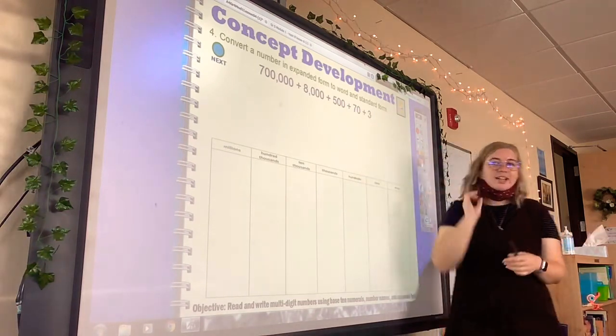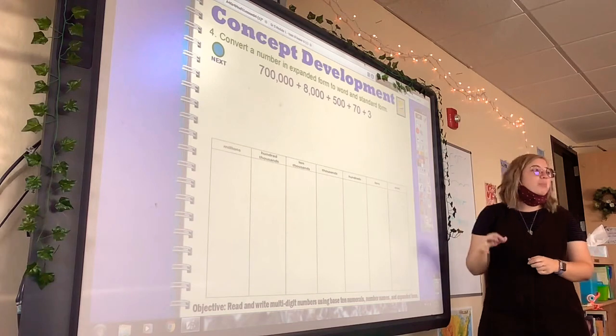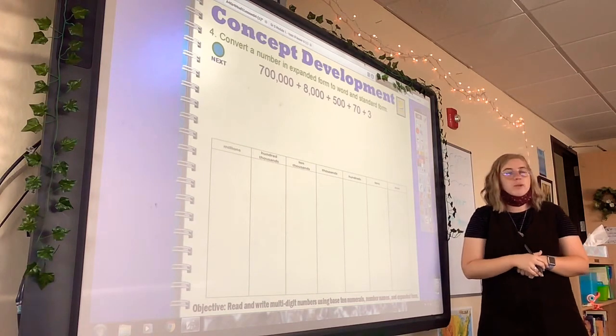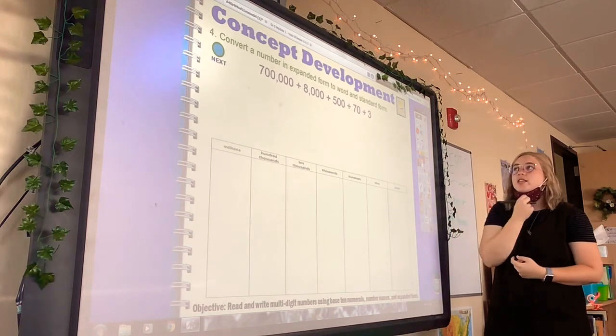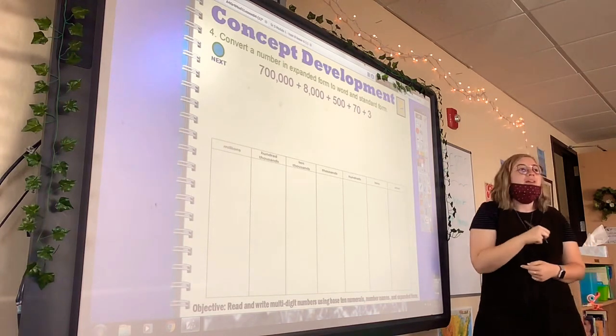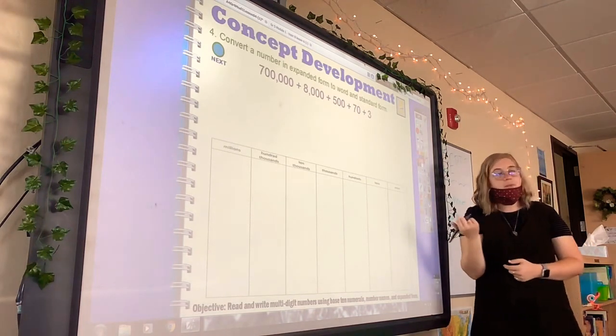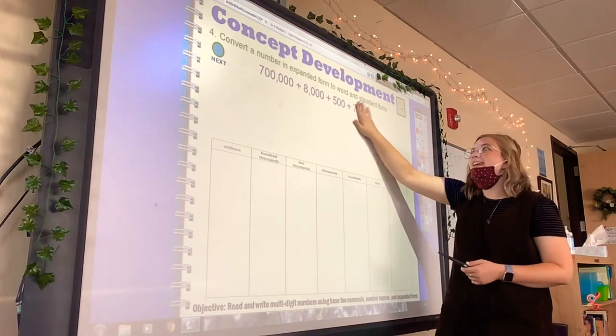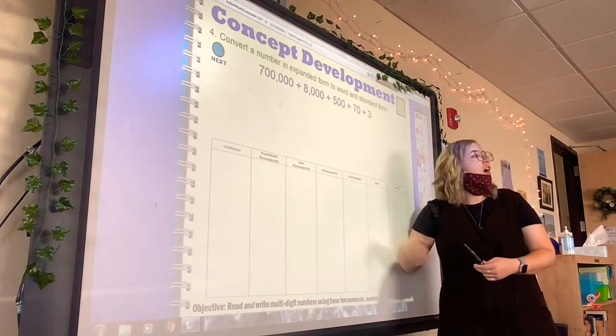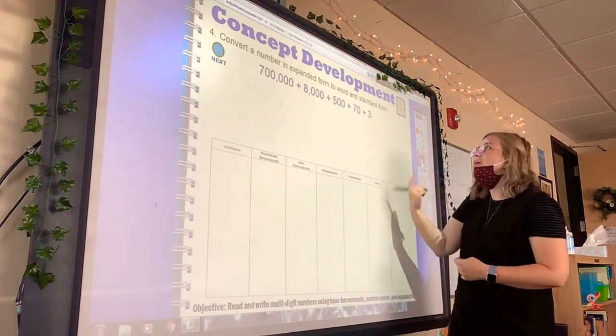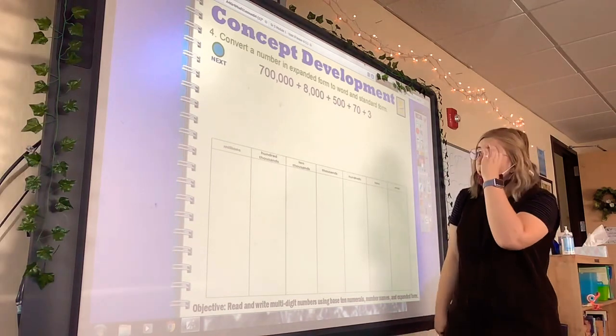Expanded form. Guys, look how big and expanded it is. When you see a bunch of pluses, that means it's expanded form. Now it wants me to change from expanded form to standard form and word form. So it'll give you a number like this, and then you have to convert it to the other ones. We're not just always going to start in standard form.